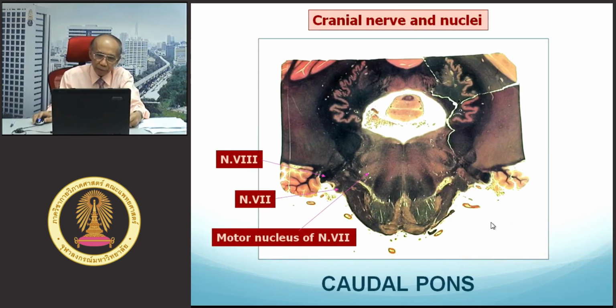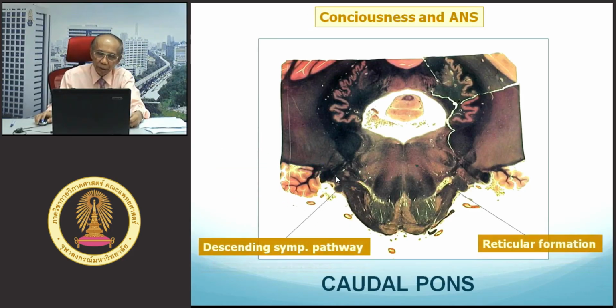The cranial nerve and nuclei include motor nucleus of facial nerve, the facial nerve itself, and the vestibulocochlear nerve. The consciousness system and the autonomic nervous system include reticular formation and descending sympathetic pathway.